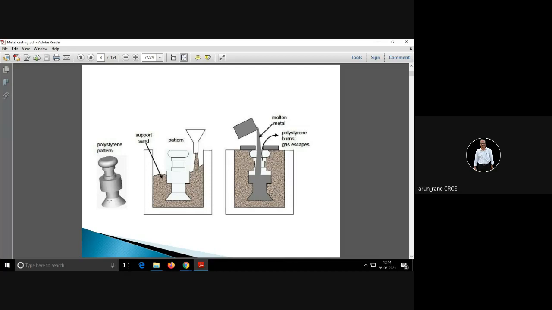ball pens, then acrylic or polycarbonate. Acrylic, you are familiar, your lenses of spectacles are made up of acrylic or polycarbonate because they have 100% clarity. The sheets which are kept on the tables are either made up of glass, that is कांच, or made up of acrylic.